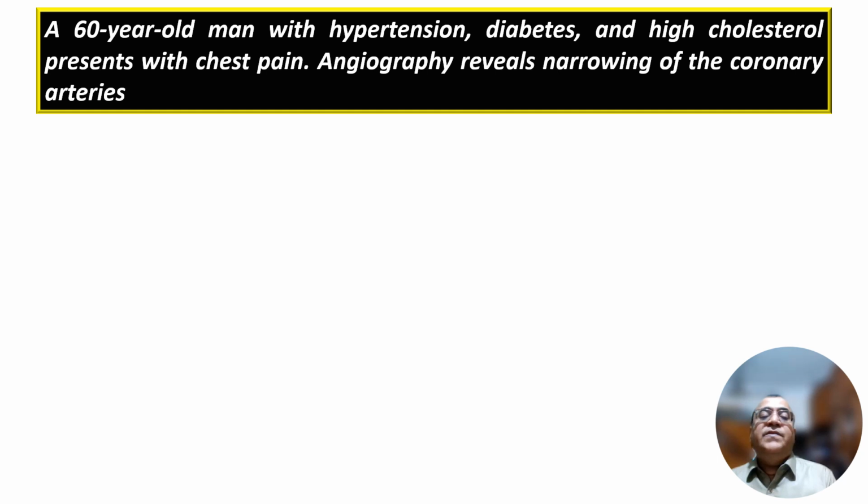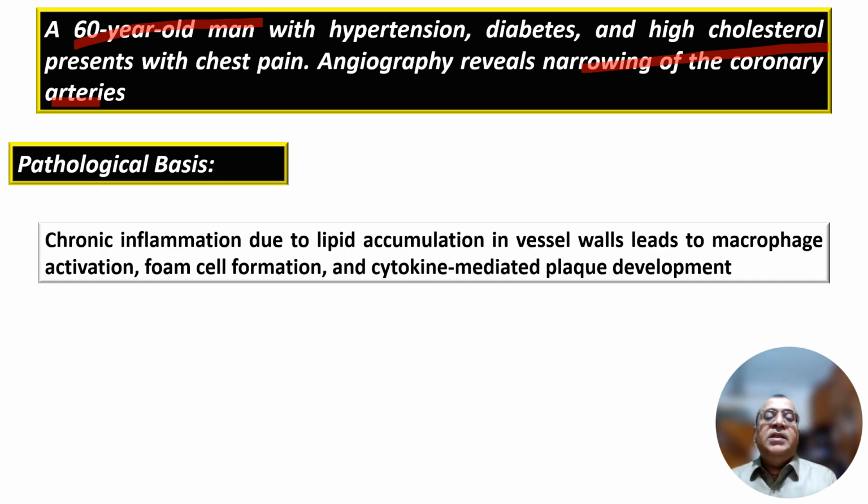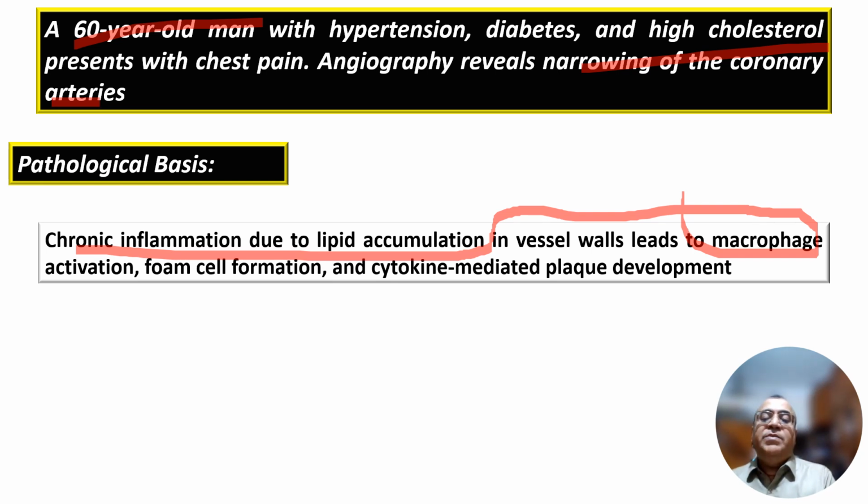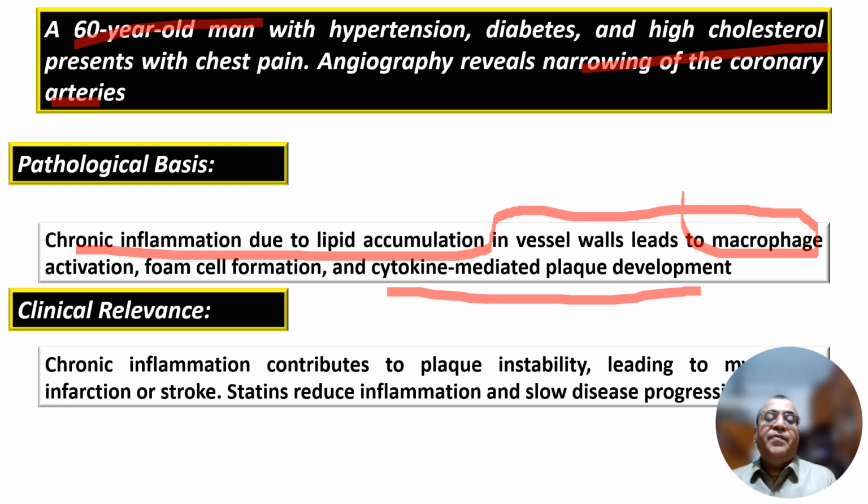Another scenario in which a 60-year-old man with hypertension, diabetes and high cholesterol presents with chest pain. Angiography revealed narrowing of the coronary artery. The pathological basis of this condition is the lipid accumulation in the vessel wall that leads to activation of macrophages, foam cell formation and cytokine mediated plaque development.